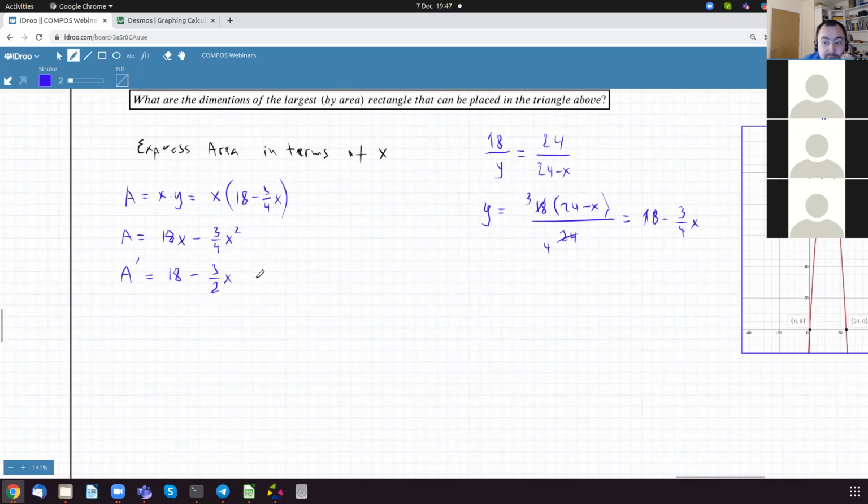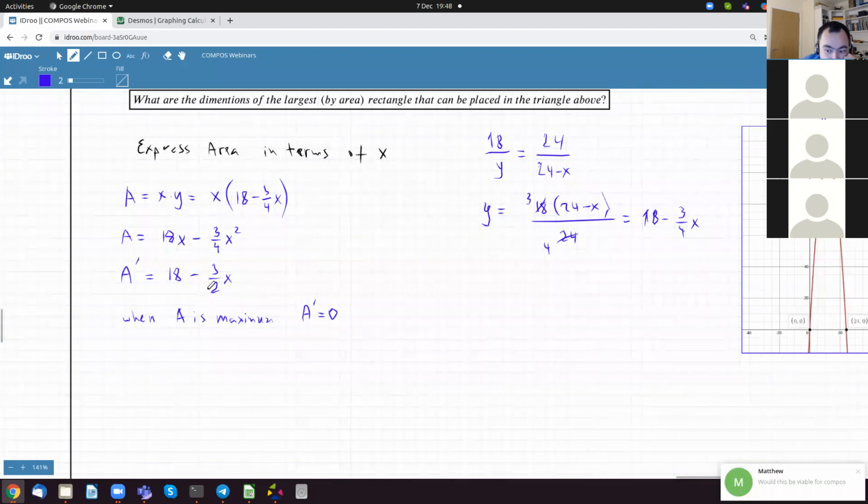And this has to equal 0, because when A is maximum, A prime is 0. Or minimum, maximum or minimum, A prime is 0. So we're saying that this is equal to 0.